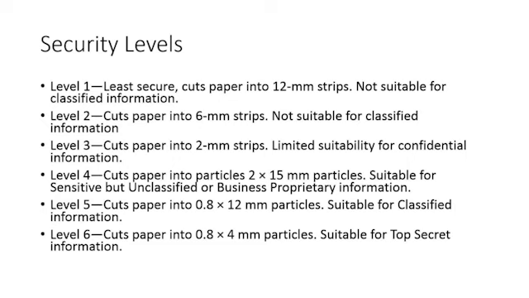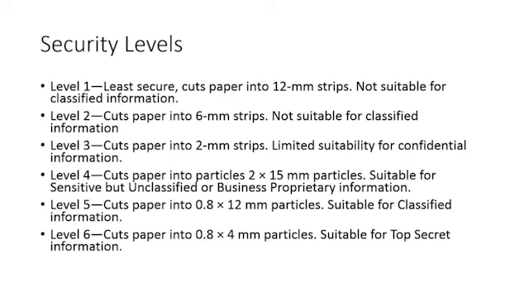This is not usually suitable for classified information because, again, that's not hard, right? 12mm is not very large, but it's not very small either when it comes to putting puzzles back together. If I have strips of 12mm each and I'm in a wastebasket with thousands and thousands of strips, yeah, that makes it a little harder. But if there's not very much in the wastebasket, I could put that back together pretty quickly.